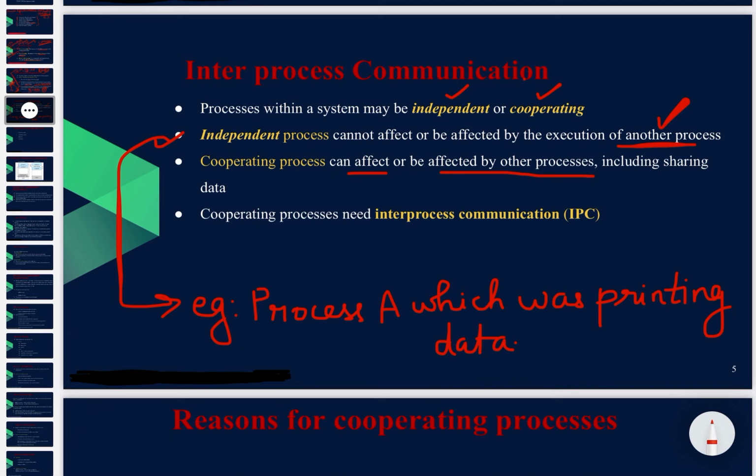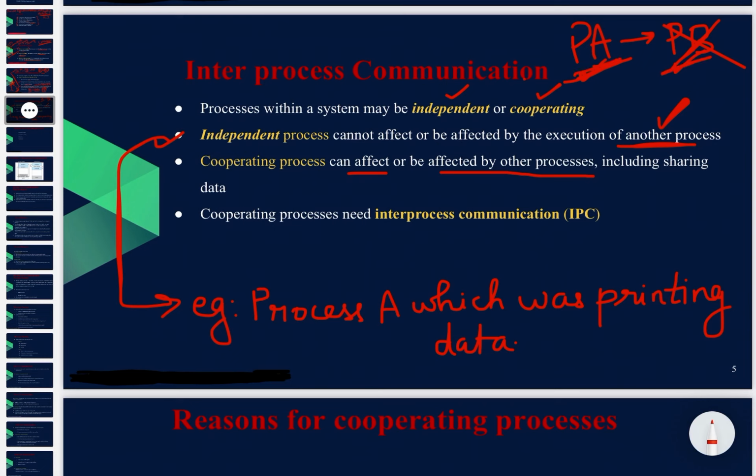So when you want to share data between two processes, suppose process A has some data and wants to share it with process B, then if process B is not there, process A will be affected because it will not be able to share its data.